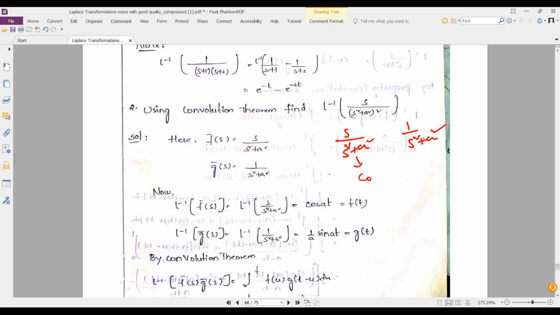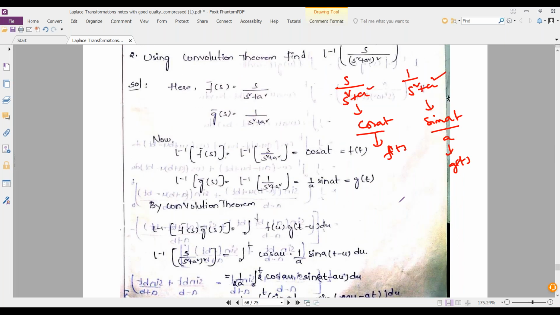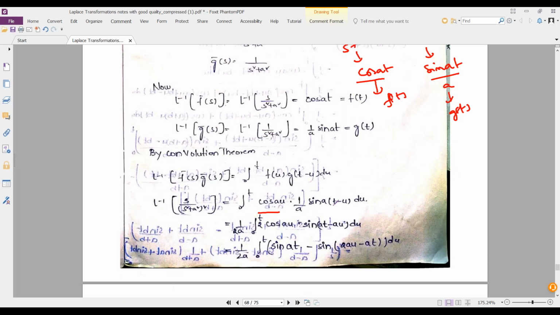It's cos at, and its inverse Laplace of the other is sin at by a. So here cos at was taken as f of t, and sin at by a as g of t. Then cos au times 1 by a sin a of t minus u.